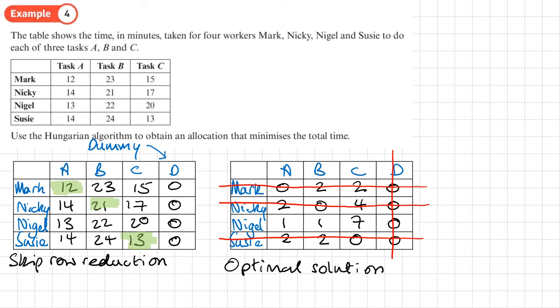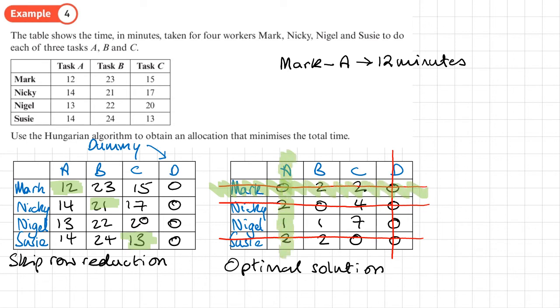Right, so let's see who we need to allocate to different tasks. Oh, so Mark, single 0 in that column. So Mark, we're going to allocate to task A, and that comes at a cost of 12 minutes. So let's scrub him out of the table. Mark is gone, task A is gone.